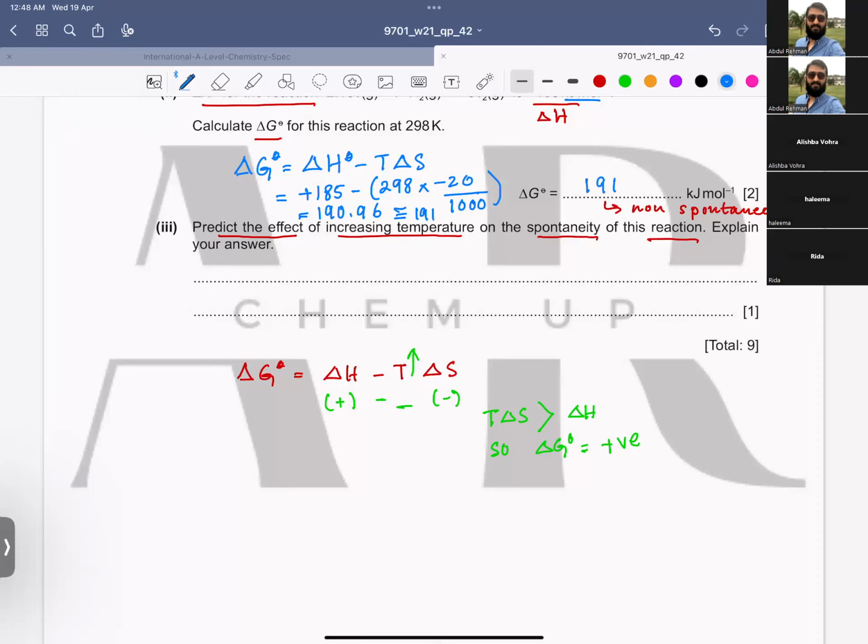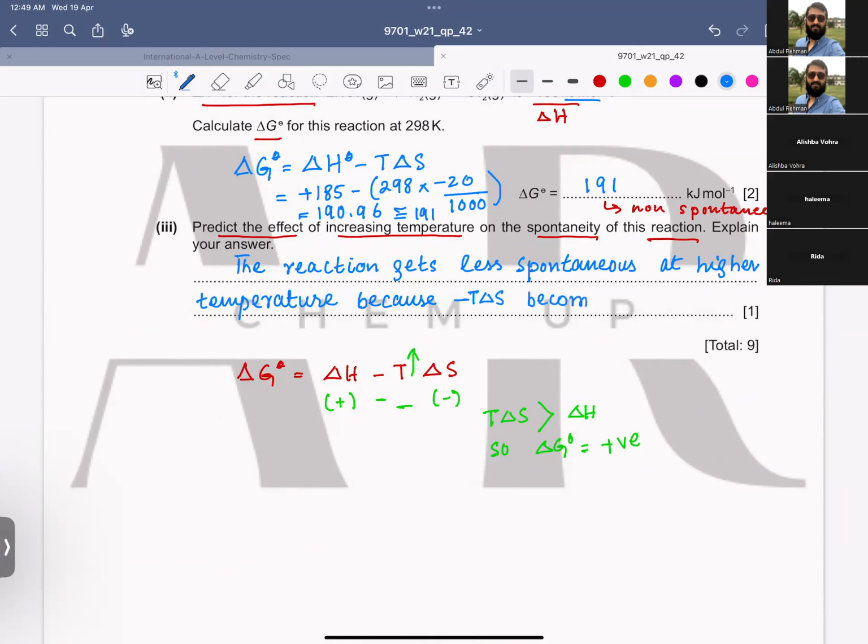So we would write that the reaction gets less spontaneous at higher temperature because the minus T delta S becomes more positive and delta H is also positive.